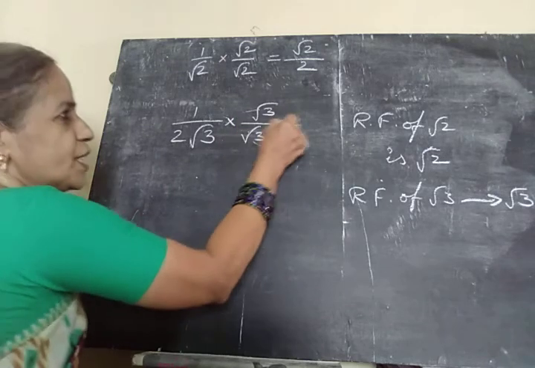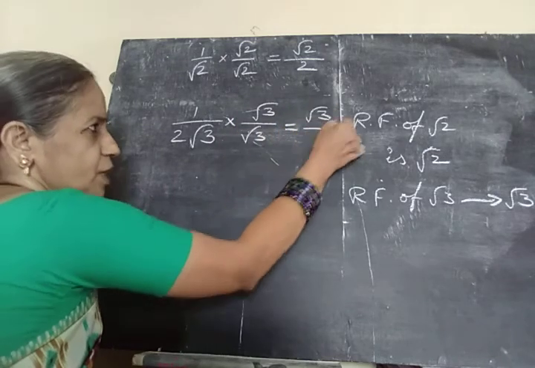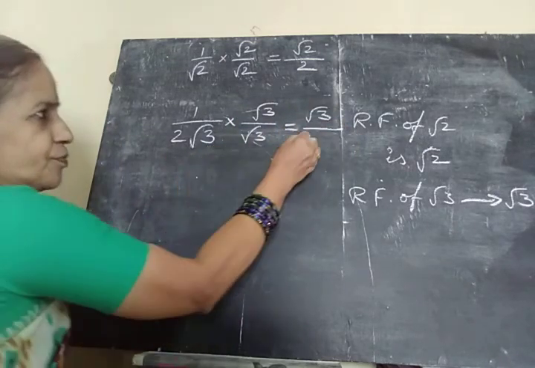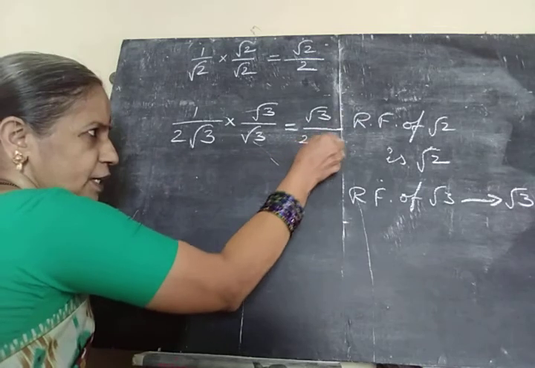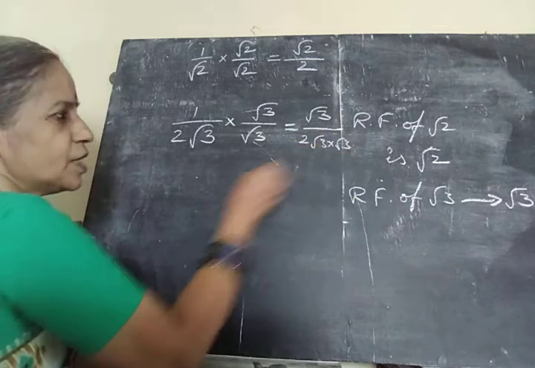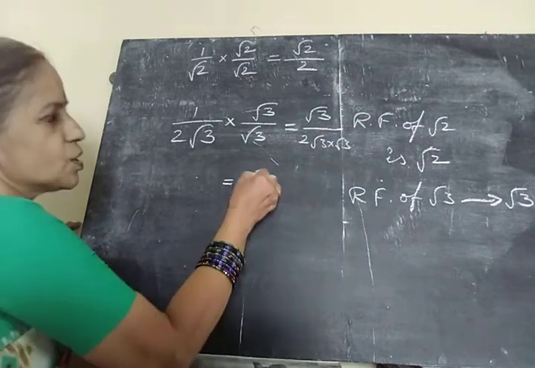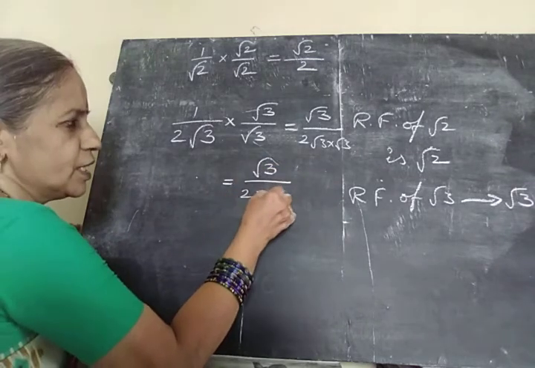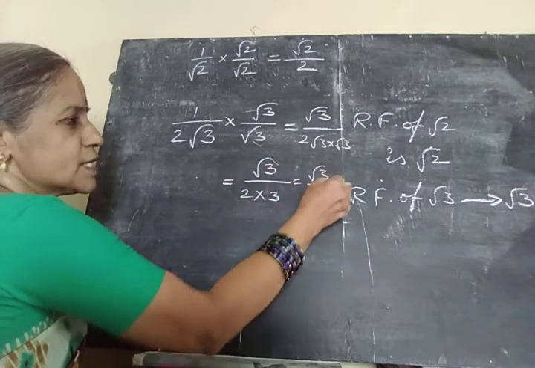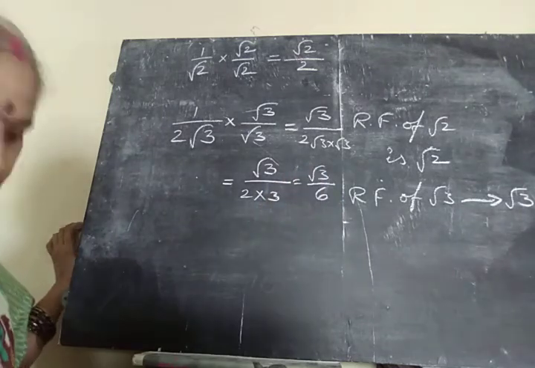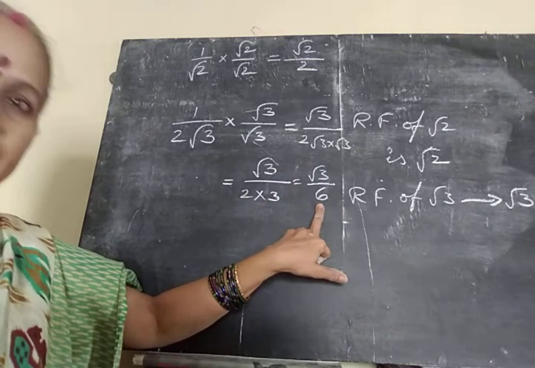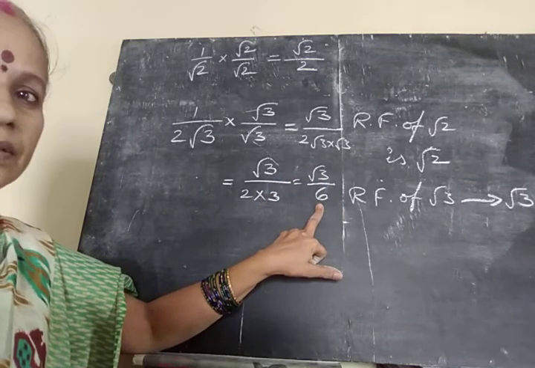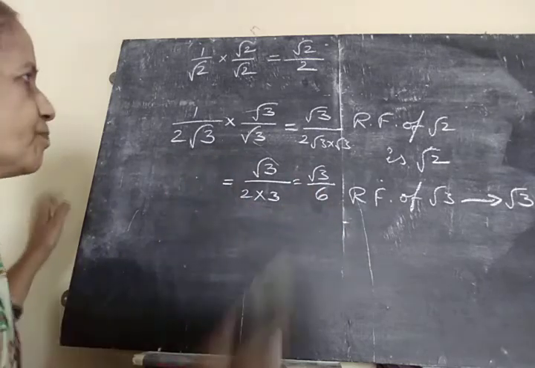The numerator is 1 into root 3, and the denominator is 2 into root 3 into root 3. Root 3 into root 3 is 3 only. So the numerator is root 3 and the denominator is 2 into 3, which is 6. Root 3 by 6. Okay.